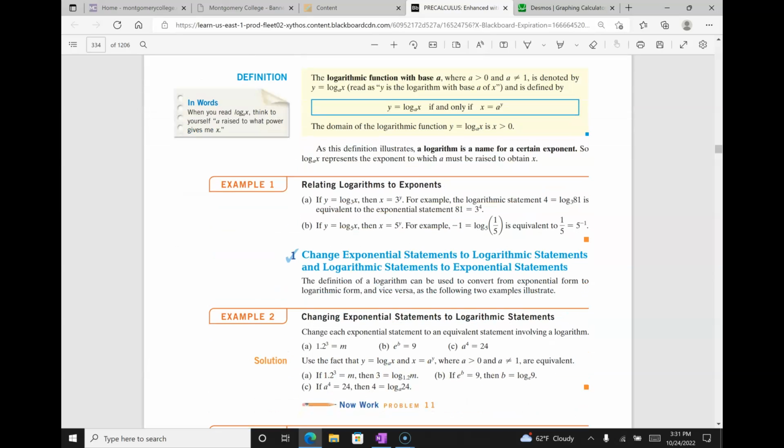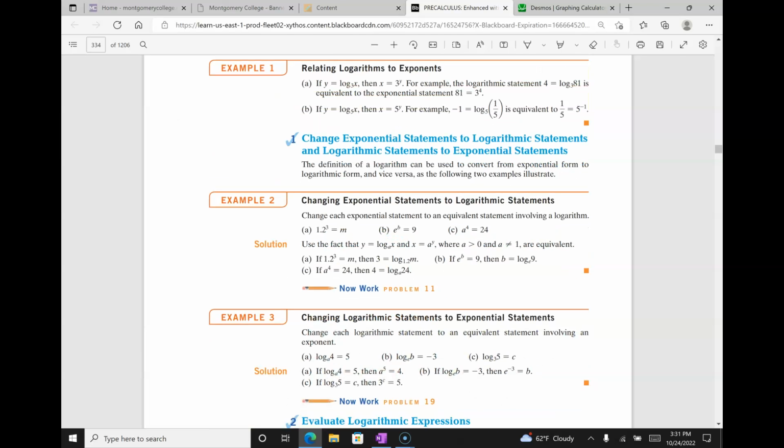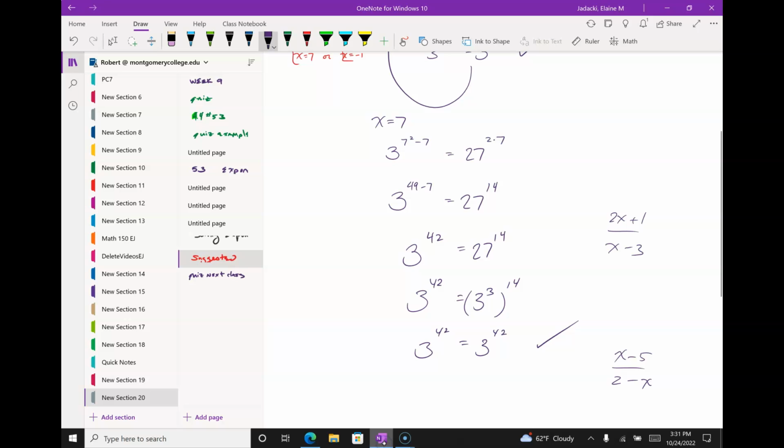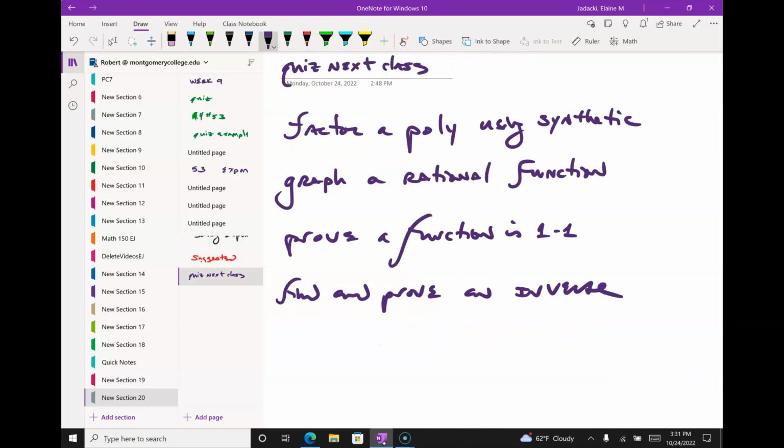Yep, I wrote it here: factor a poly using synthetic, graph a rational function, prove a function's one-to-one, find and prove the inverse.